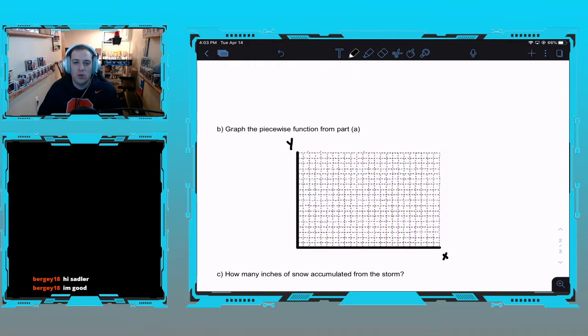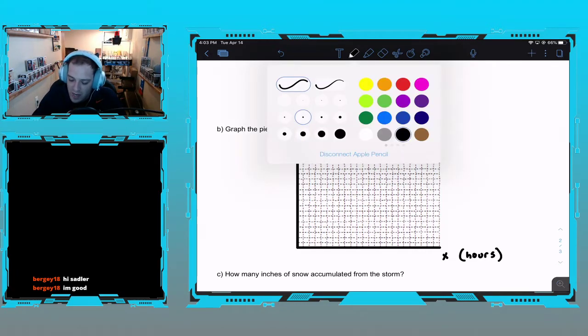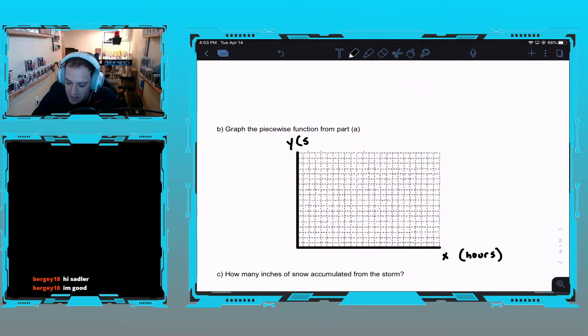And the 2 different things we're talking about with the snowfall is the amount of snow that has fallen and the number of hours that the snow fell. So I hope that you guys always remember, I say the X value always represents time. So in this case, X is just going to represent hours. So that means the Y is going to have to represent the snowfall.